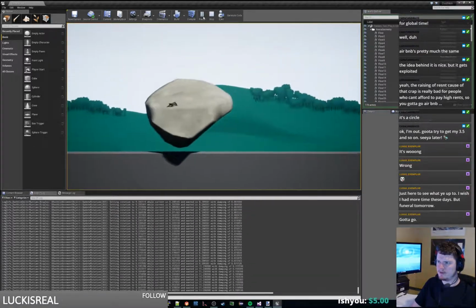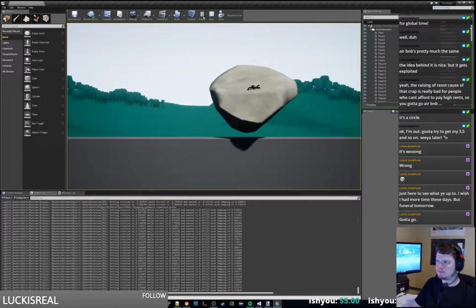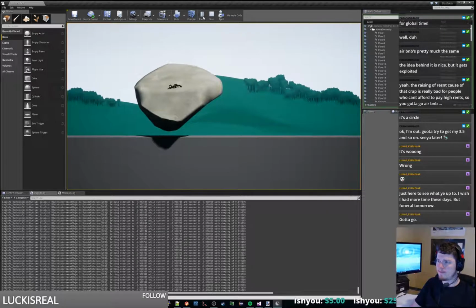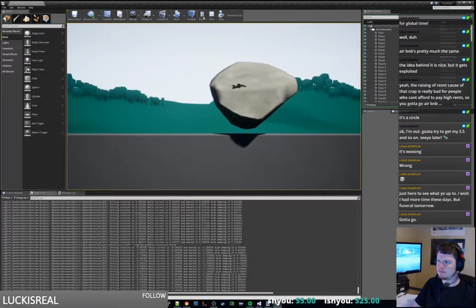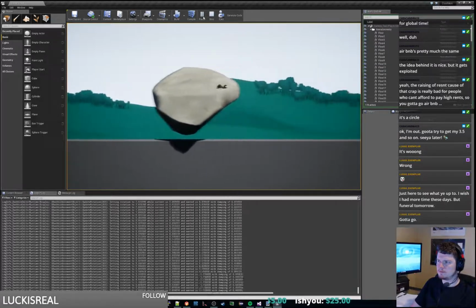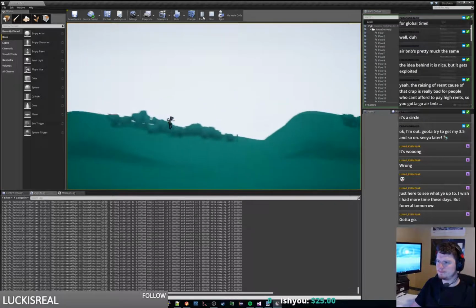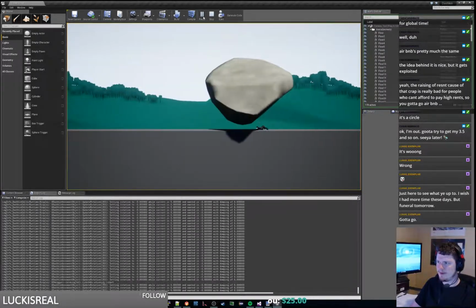So it definitely gives a look of realism to the character, to have him doing these moves.